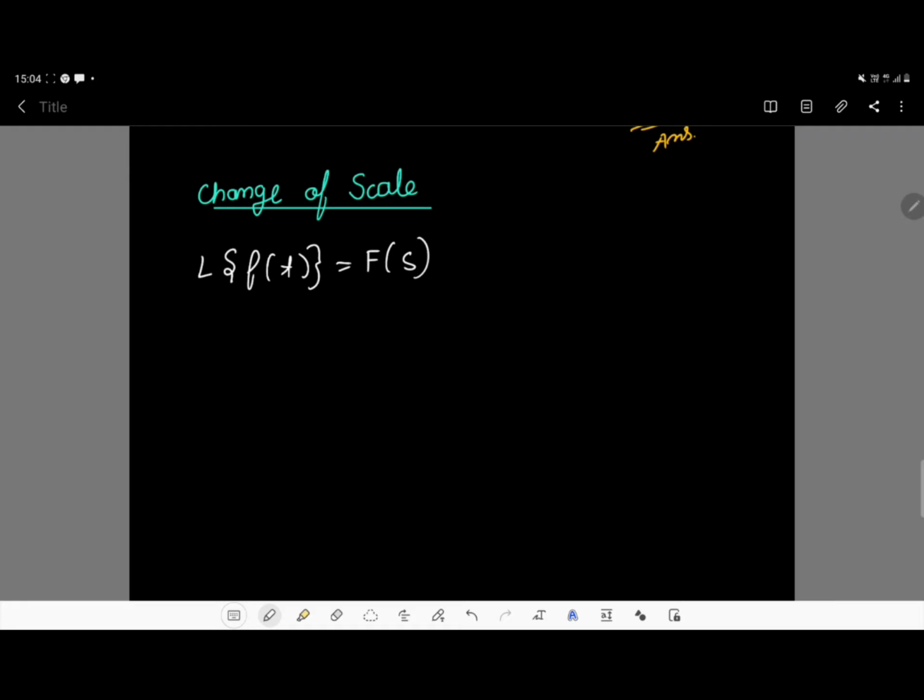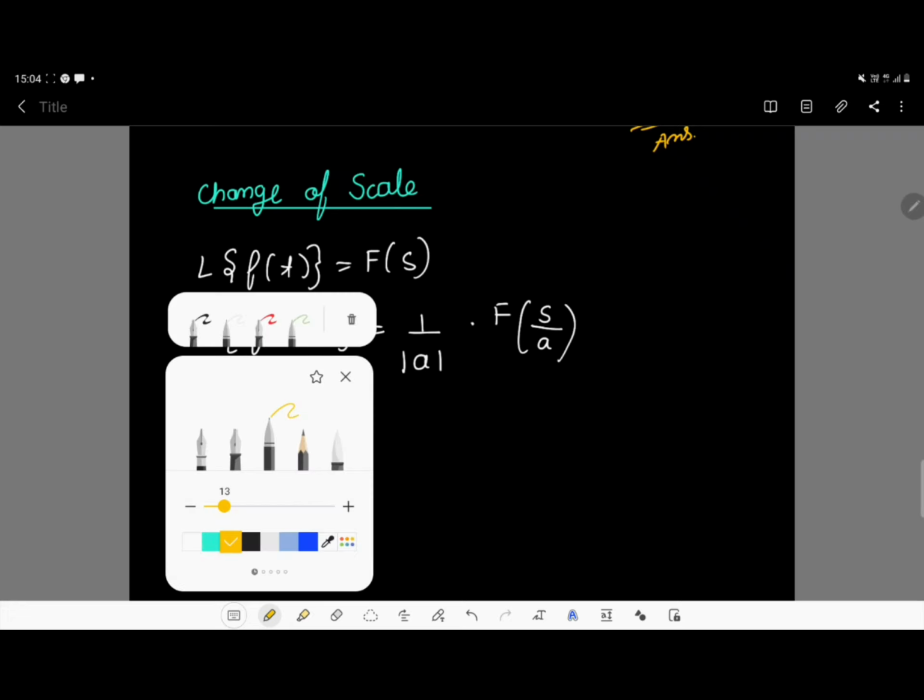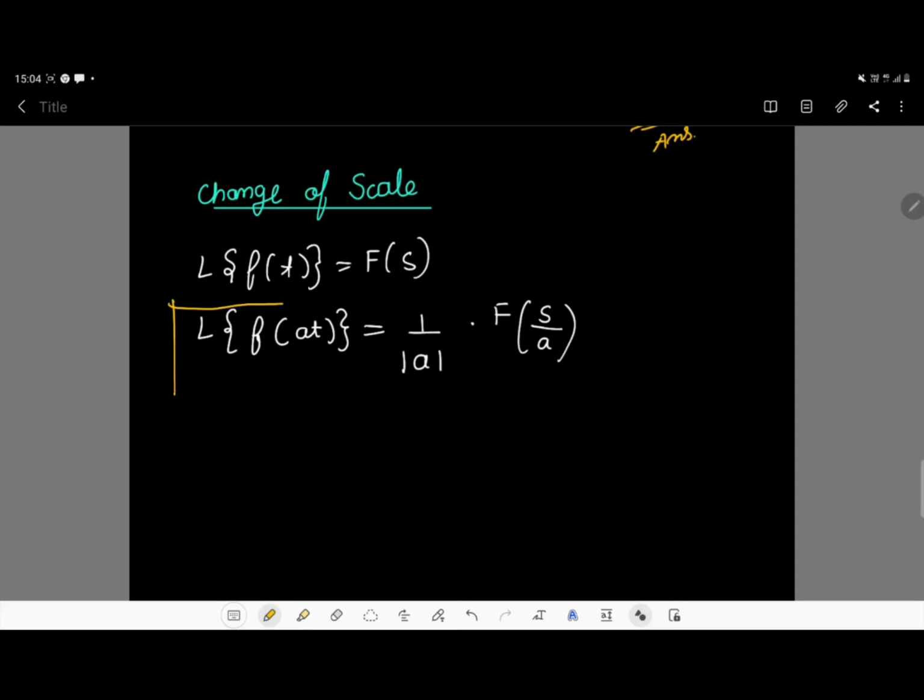Then Laplace transform of f of at would be 1 upon modulus of a into F of s by a, right? So I'll put it in a box. Okay, so this is known as change of scale.